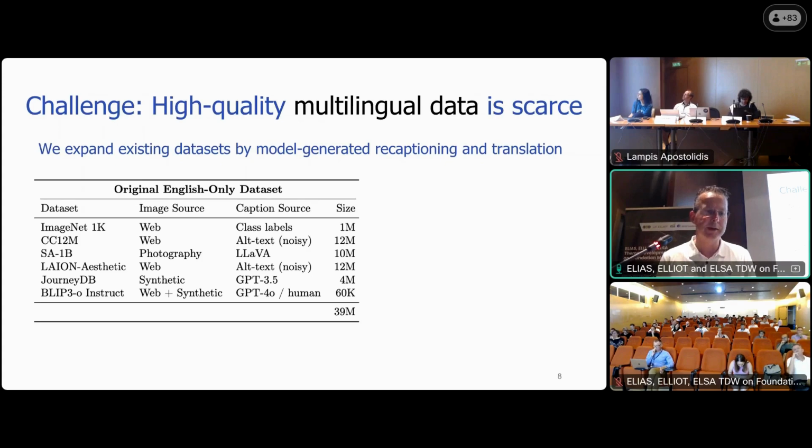Of course we have ImageNet, but we also have CC12M, the SAM dataset, LAION Aesthetic, JourneyDB with synthetic images, and an instruction tuning dataset provided by the authors of BLIP3-o. This is a total of 39 million image and caption pairs, but all focused on English.